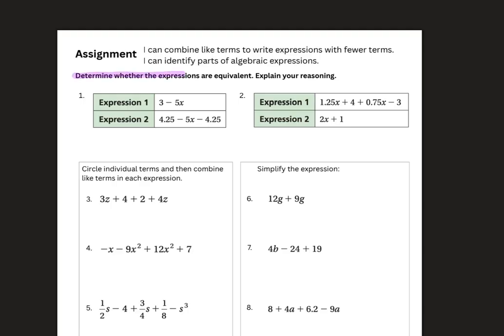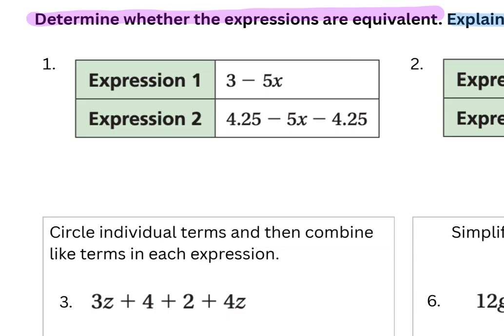Determine whether the expressions are equivalent. Then explain your reasoning. So, expression number one, 3 minus 5x. That thing has no like terms, so that means it is simplified. Okay? This one, however, this guy and this guy are like terms.